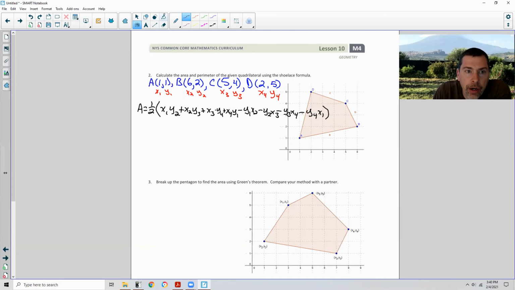Okay, it is lengthy, and I apologize for going into the diagram, but it doesn't matter. We don't use a diagram anymore. So now we're going to substitute in our givens. A equals 1/2.